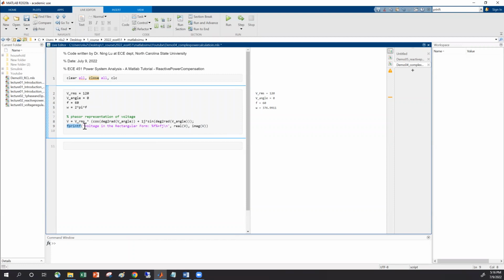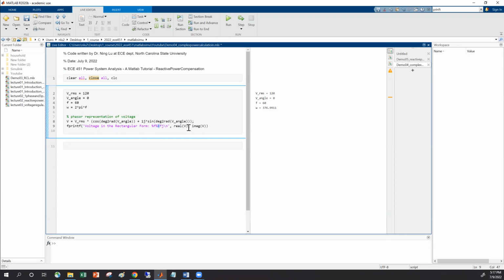So I can write a text here, in this parenthesis, and then these are the texts, and then this will be the variable, how you want to output this variable. So I'm just going to output them as floats.